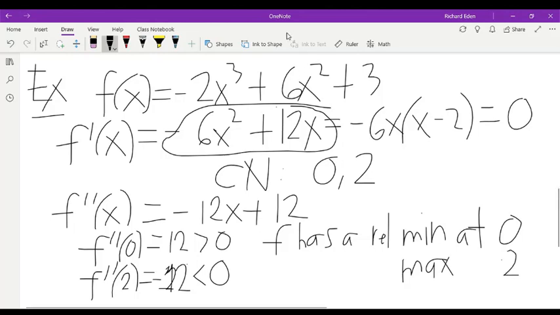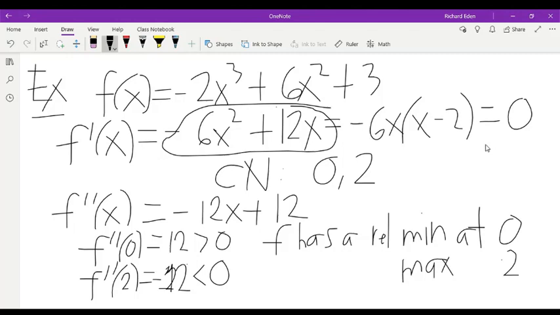So that, folks, is the second derivative test. Yay! In some situations, the second derivative test is easier to use. Not in all cases, but it does provide us an alternative, especially when f prime is a function with trigonometric expressions.